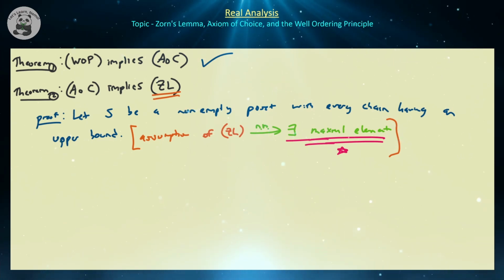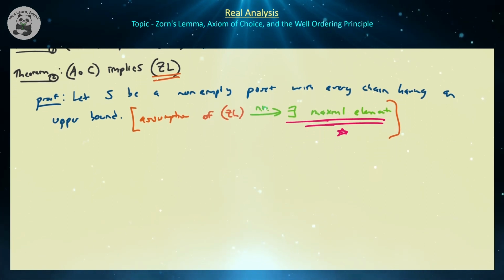So we're going to be letting S be a non-empty, partially ordered set with every chain having an upper bound. Let's see if we can get Zorn's lemma out of this. If we're going to see if there exists a maximal element in this set, let's go ahead and assume that such a maximal element does not exist. Let's see if we can do a proof by contradiction.